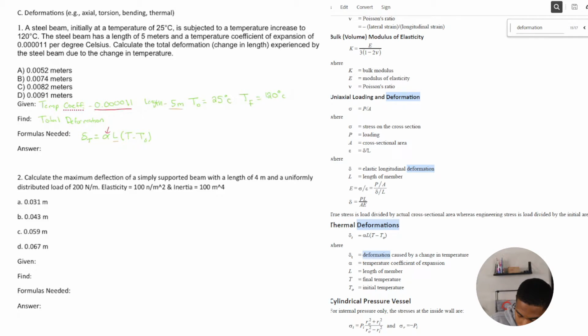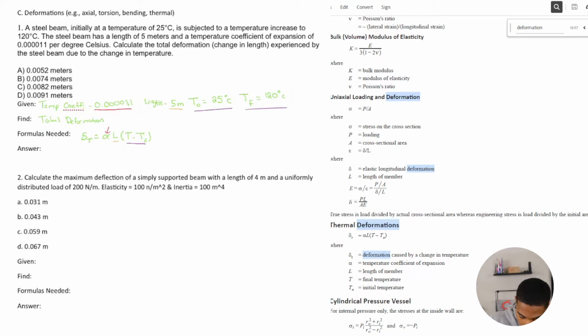This component is here. My T components are both here and here. That makes sense, so let's go ahead and plug in.